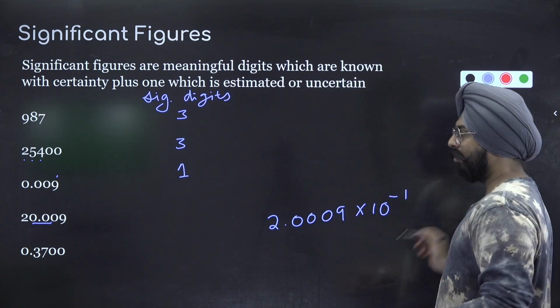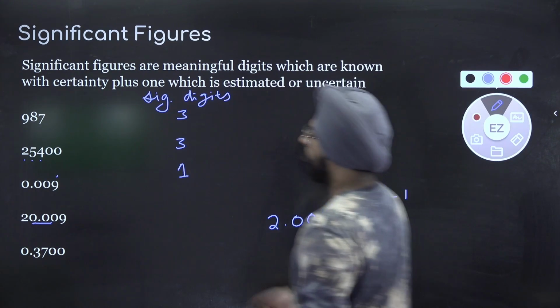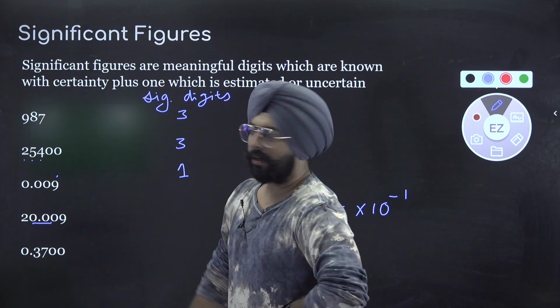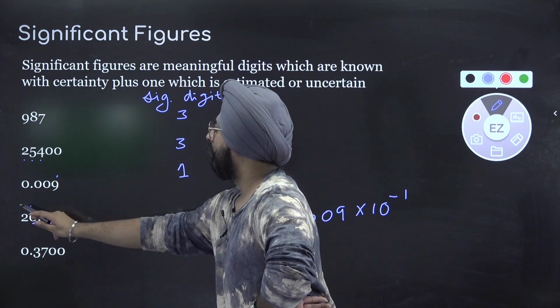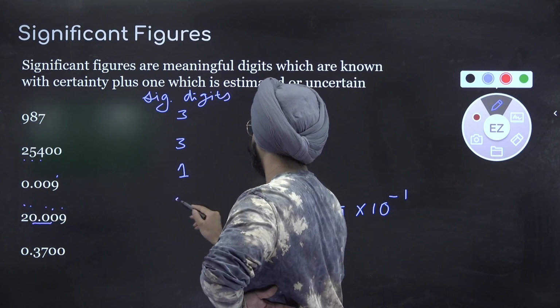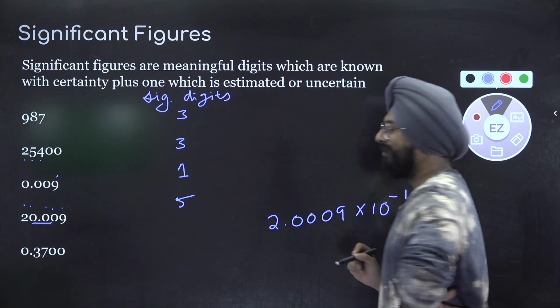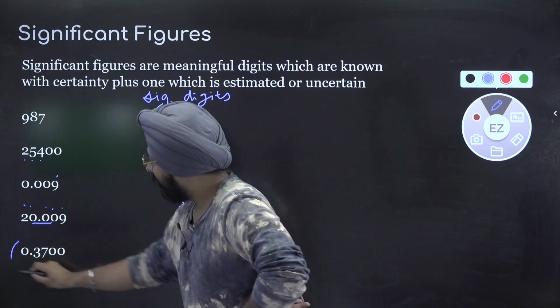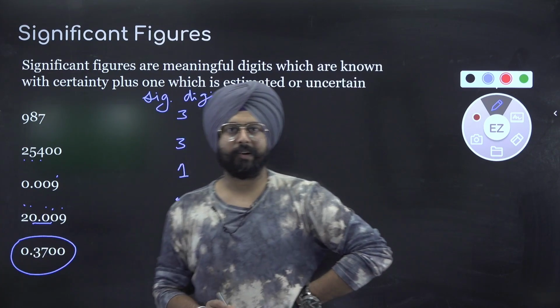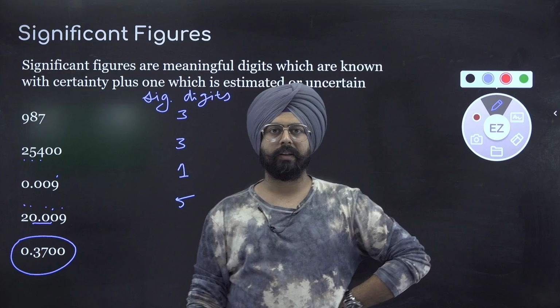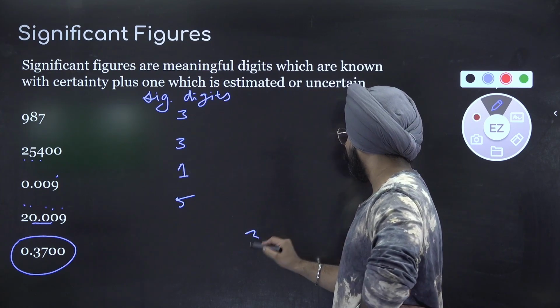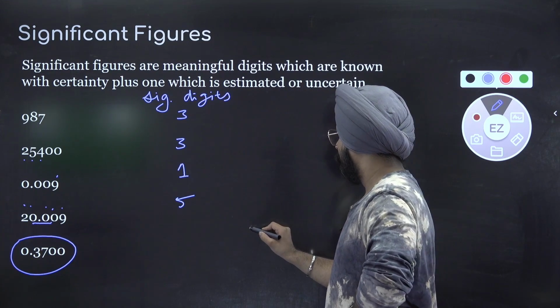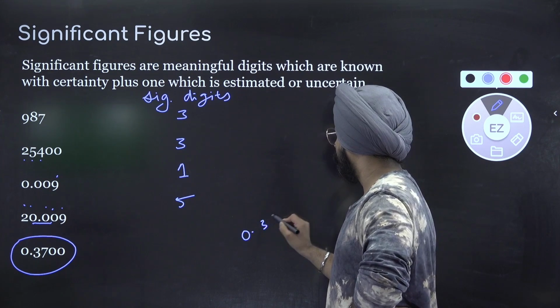Fine. This is also an imagination that you can think of. So, total number of significant digits over here, 1, 2, 3, 4, 5. Woohoo. Now this one is a weird case. You might be thinking, so obviously we can write this as 0.37 only.